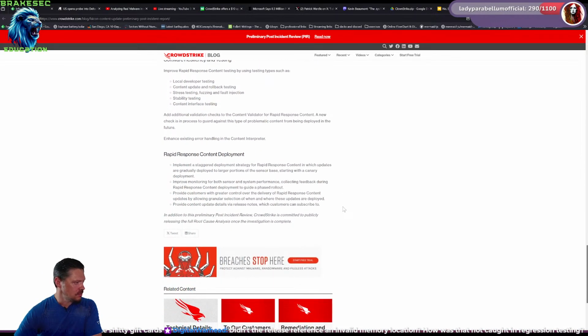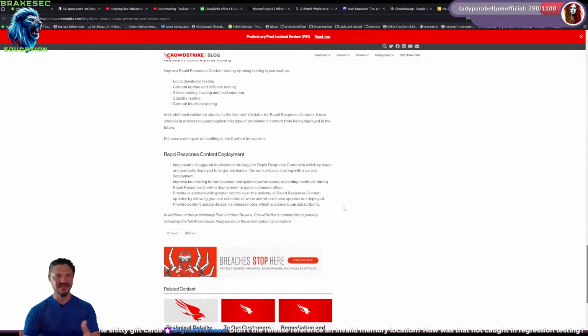But yeah, for things that don't need to go out immediately, like Fuzzy Bear actively hitting up banks where we need to push this update immediately for whatever reason, push this update. Oh shit, we bricked some stuff. But for everyone else, for maintenance or new capability updates, this could have been a beta.